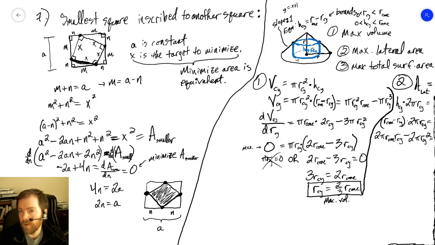Alright, so if we want the maximum lateral area, we've got to take dA dr cylinder equals 0, and that's going to be equal to 2 pi radius of the cone minus 4 pi radius of the cylinder.